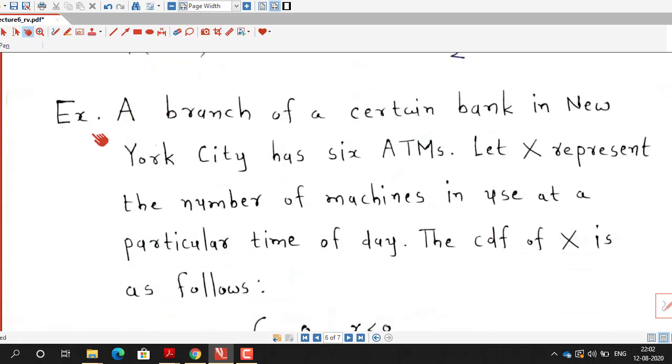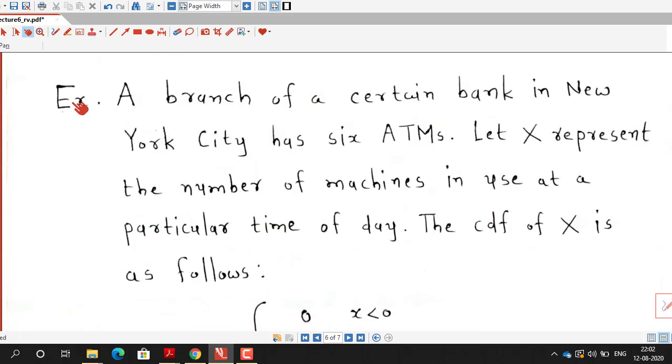And the last example of this lecture. What is given: a branch of a certain bank in New York City has 6 ATMs. There are 6 ATMs in some branch of New York City. Now what is the random variable?